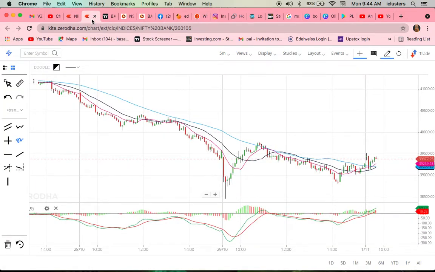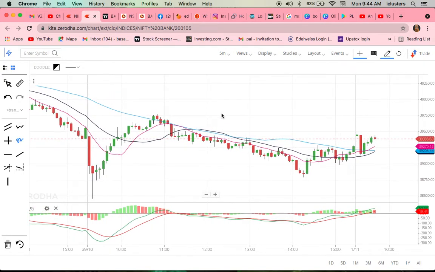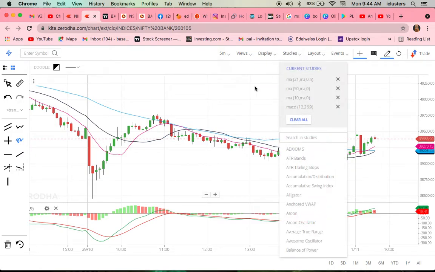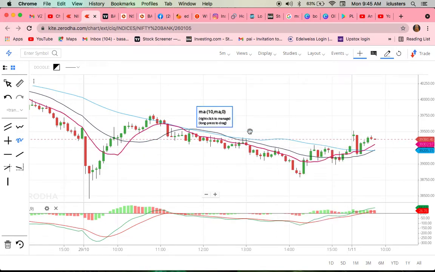See friends, this is a time frame of 5 minutes. I have set this time frame here, and in these studies I have applied the indicators of moving average 21 days, moving average 50 days, moving average 10 days, and MACD.